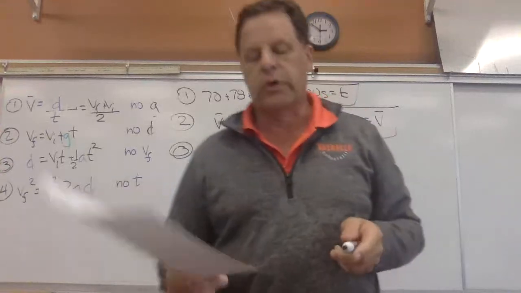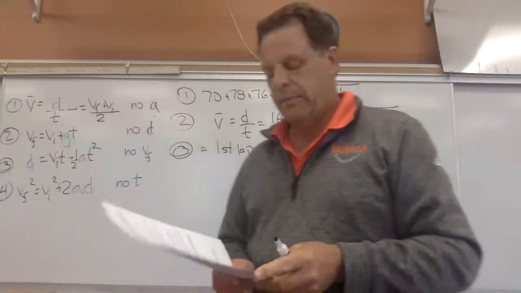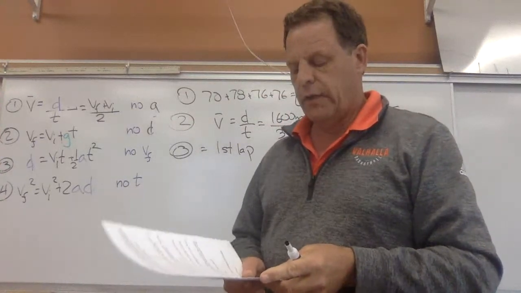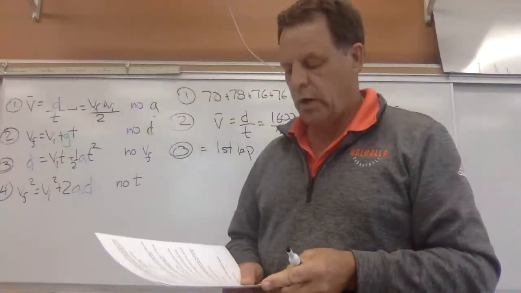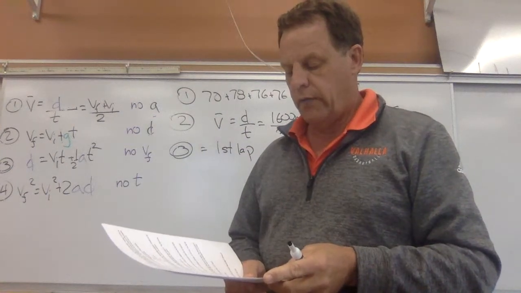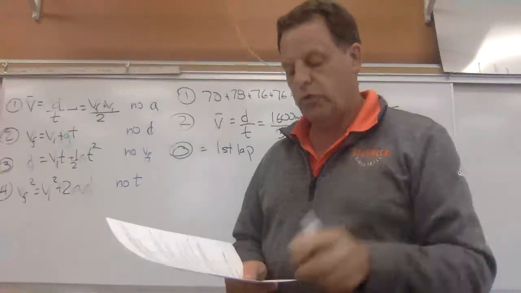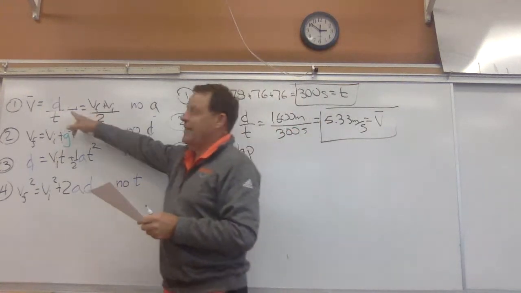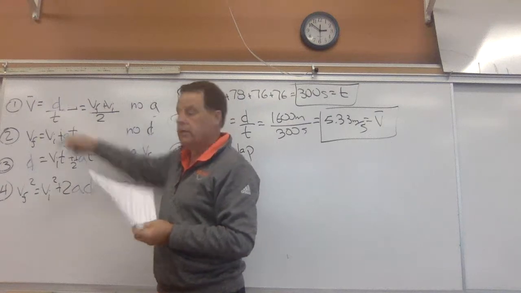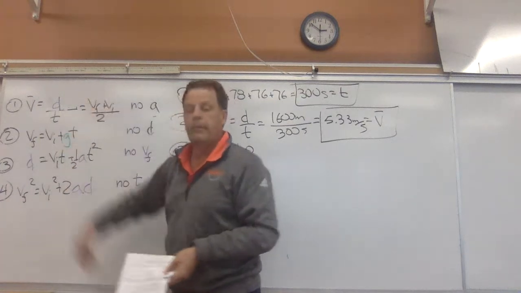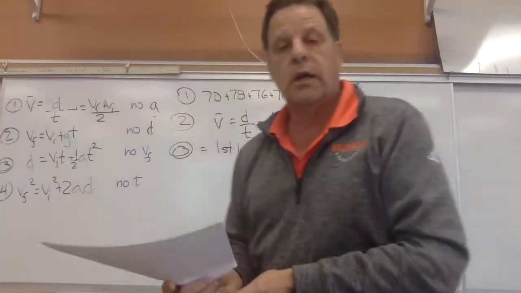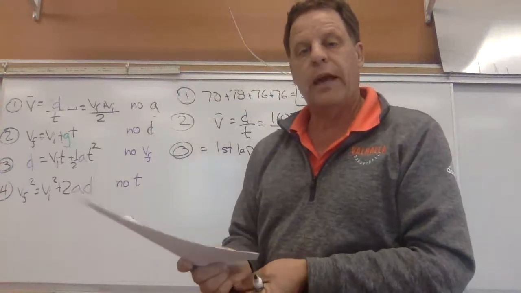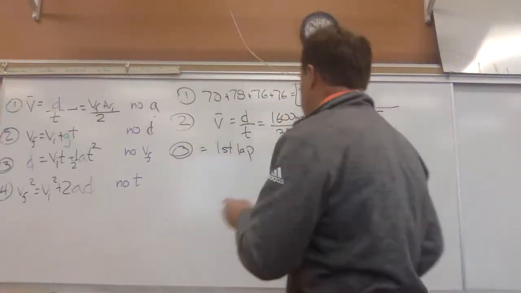Question number 4. The second competitor has an average velocity of 5.71. How long would it take for the second person to run 1 lap? We're going to take this same equation, but we have to change it around a little bit.